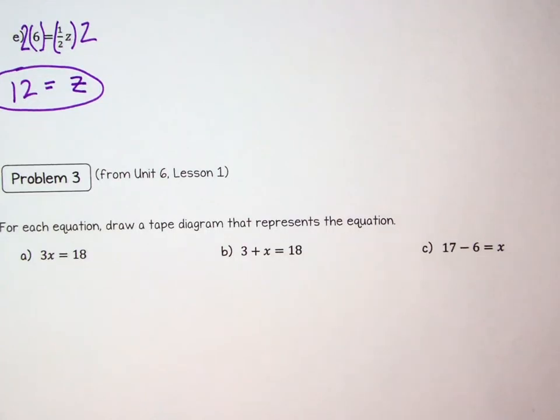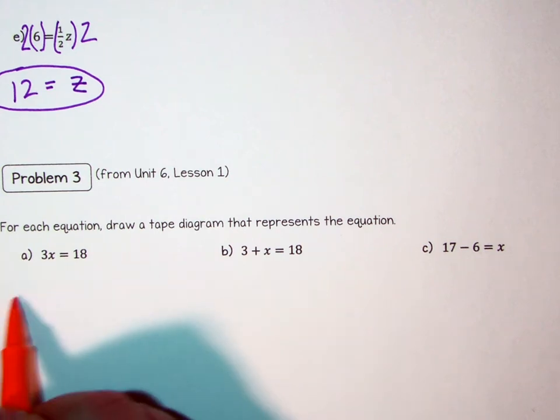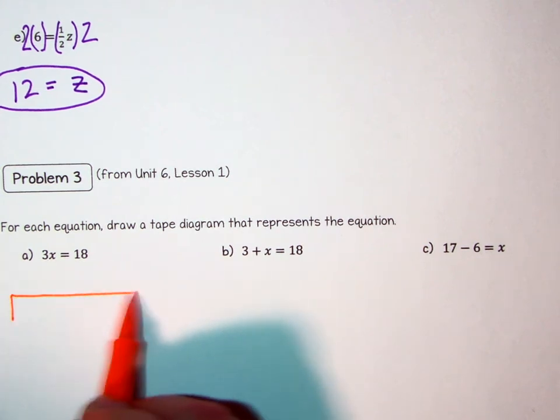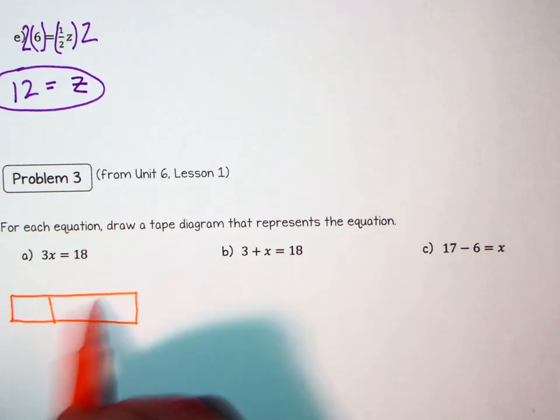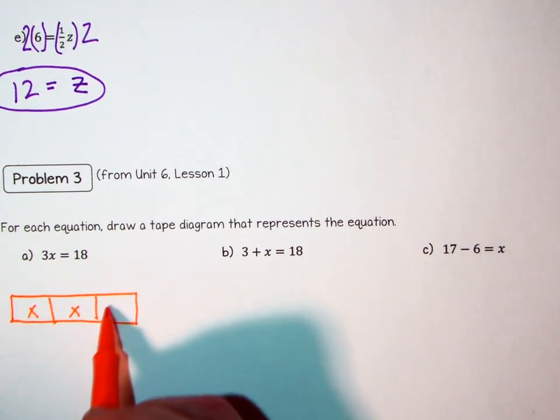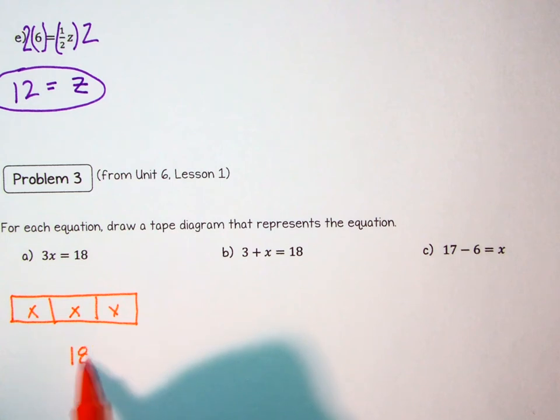All right. Problem 3. For each equation, draw a tape diagram that represents the equation. Yay. Okay. So I've got 3x equals 18. So 3 groups of x has a value of 18.